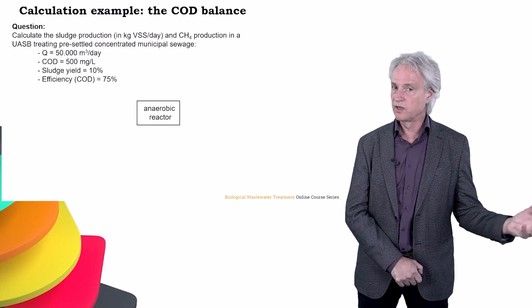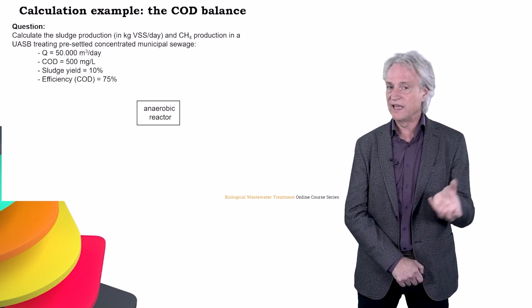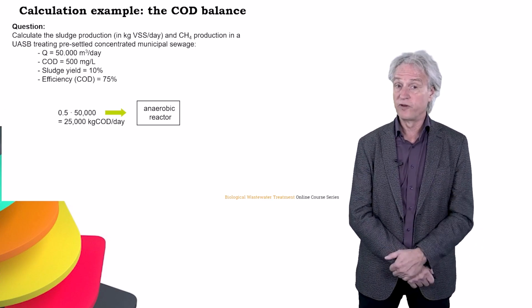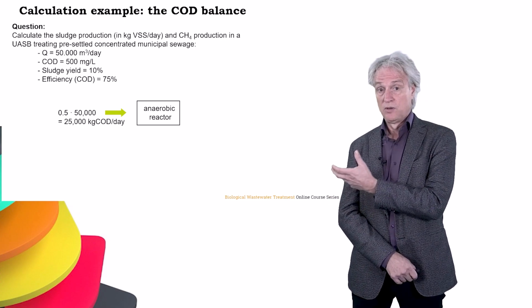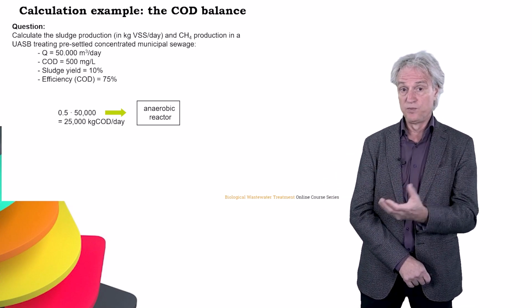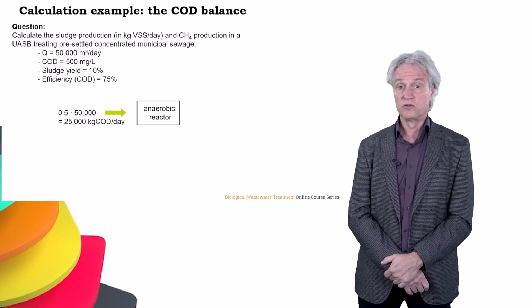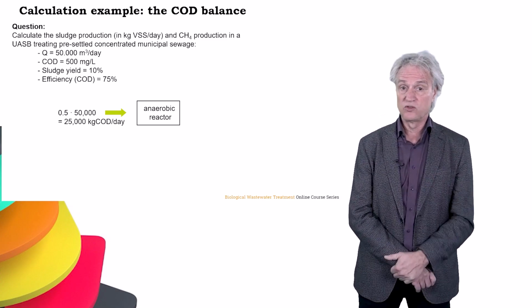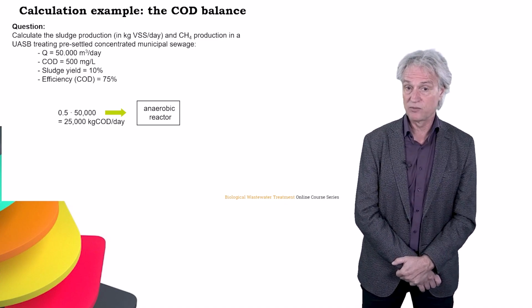First we have to calculate how much COD is coming into our reactor. That is 0.5 kilograms per cubic meter times 50,000 cubic meters per day. The reactor is loaded with 25,000 kilograms of COD per day.